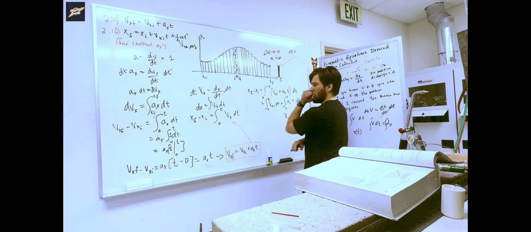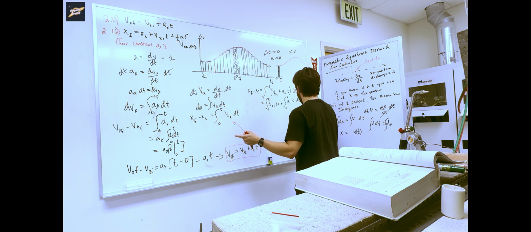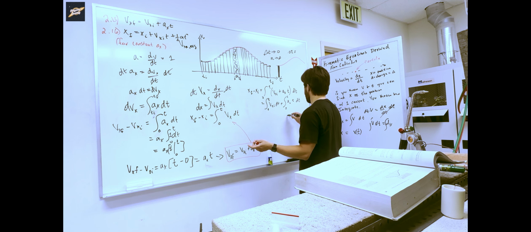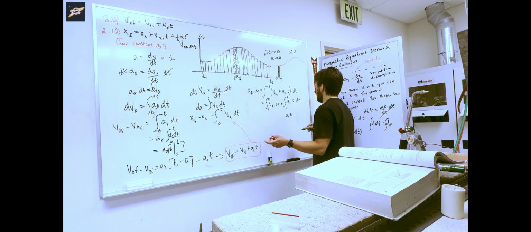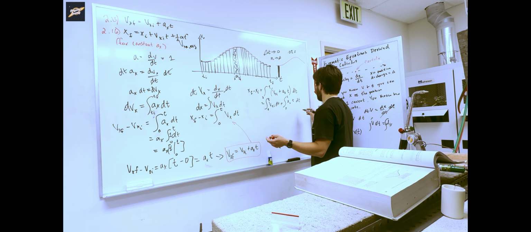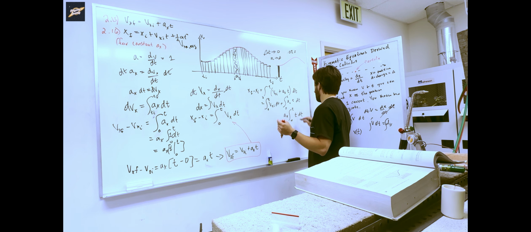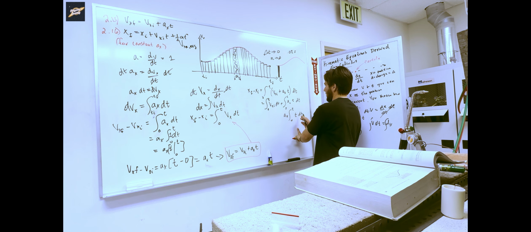Oh wait a second, no, it's just equal to a x t. Let's just do the integral. We can pull out the a x, integral from 0 to t of t dt. We're just going to focus on this side at the moment.